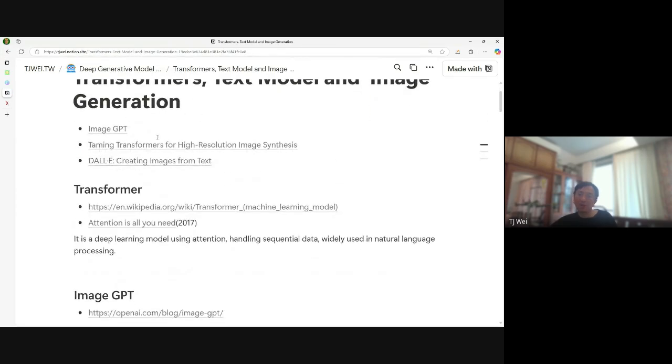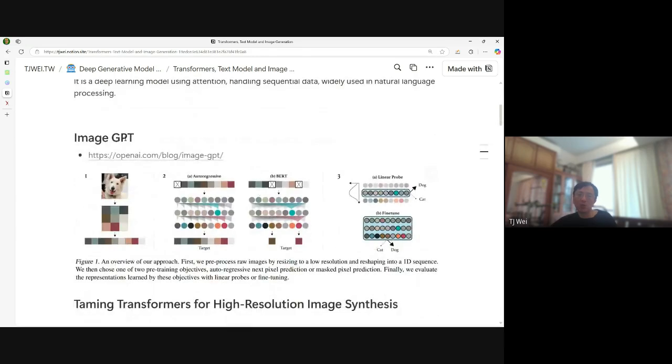Here are some examples of using the GPT kind of model or transformer kind of model to do the generation. One thing is using GPT directly, kind of like a PixelRNN, but using the GPT directly on the image data.